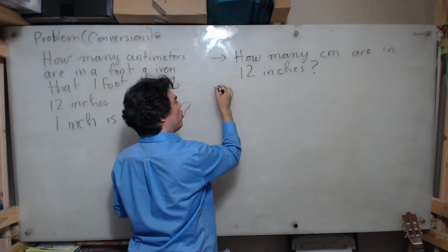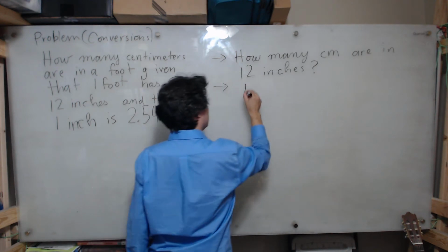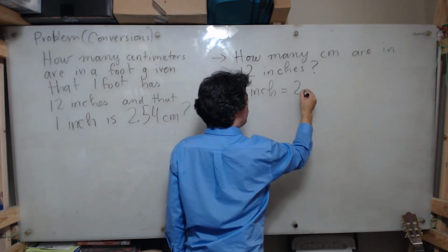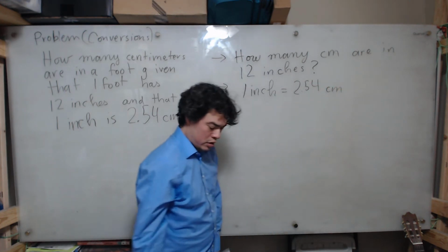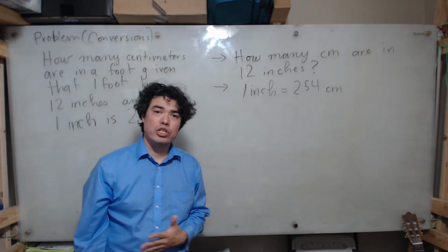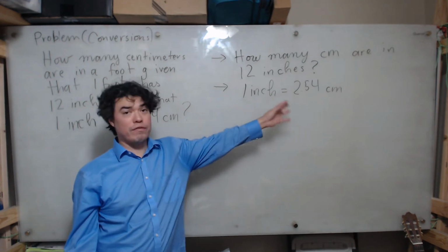What I want you to also notice is that in the statement of the problem, I know that 1 inch is equal to 2.54 centimeters. Now, if you were going to do a unit conversion in real life, there will usually be a way for you to get the conversion factor. This is called a conversion factor.